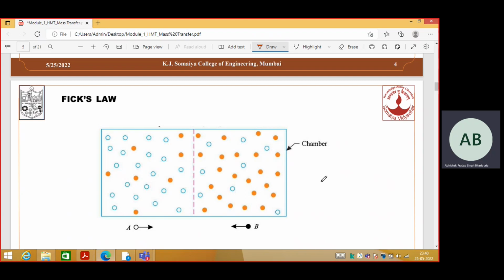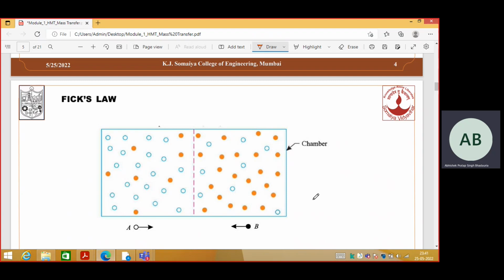So basically, in order to understand mass diffusion, we can take a system where a transport process originates from the molecular activity. We have to focus on this process.